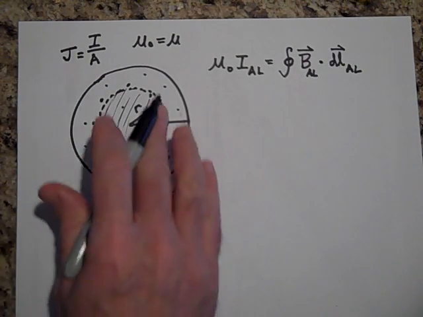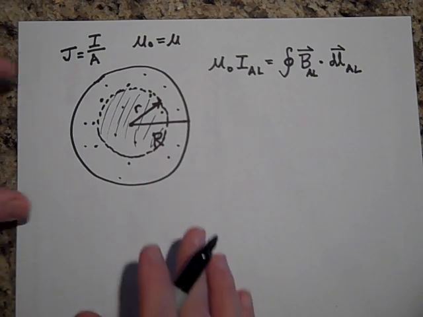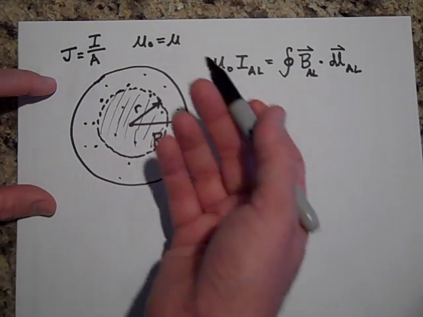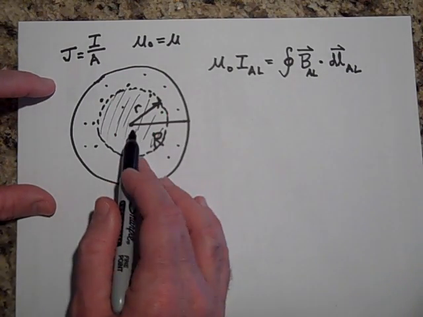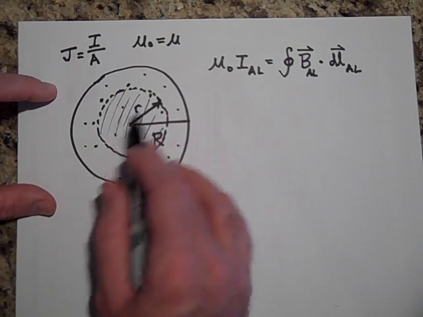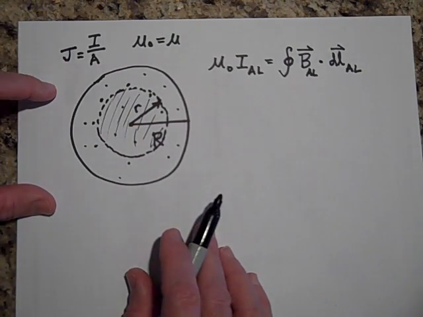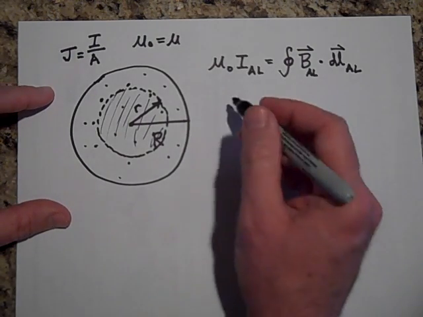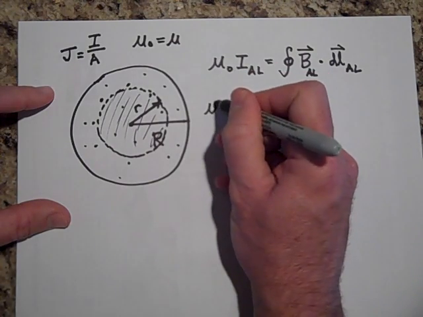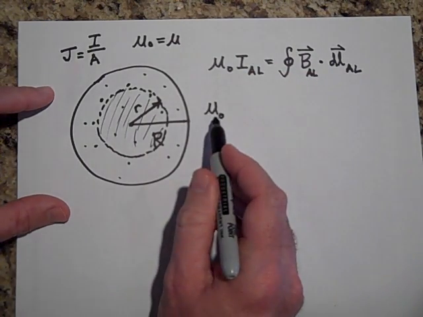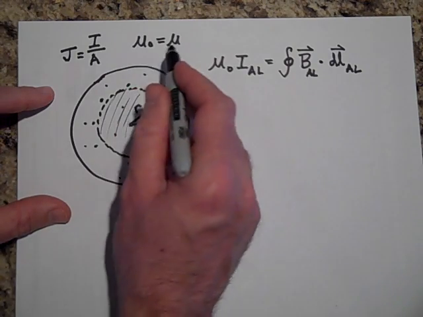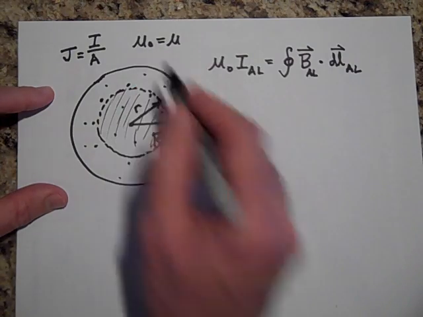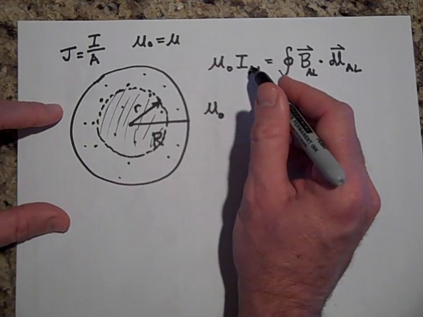And I'll talk more about why that is a cancellation effect in a later video, but for right now, the only thing that's going to matter, according to Ampere's law, is the I that's enclosed. All the rest of it cancels, kind of like in Gauss's law, where we said the same thing. And so I'm going to say that starting here, mu naught. Of course, if it's not mu naught, I might have to use whatever the mu is, but I'm going to just call it mu naught for right now because it's equal. The mu in there is equal to mu naught, and then the I through the Amperian loop.